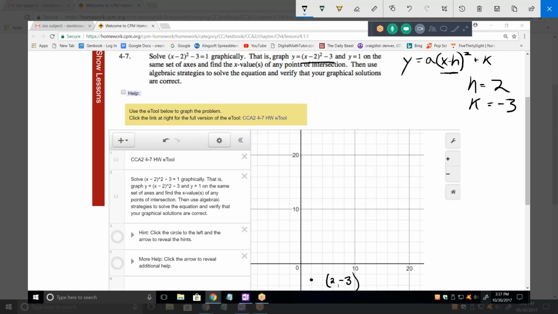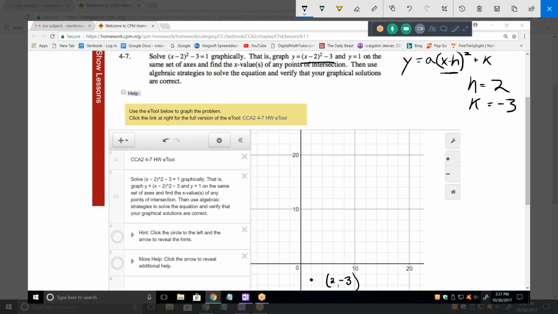I know it opens up, but I don't know if it's skinny or fat. So I need two other points. Now, I can solve for the X intercepts, which is the usual points they want. Even that is going to be tough to do graphically. Let's go ahead and take a shot at it. The X intercepts are where y equals 0.